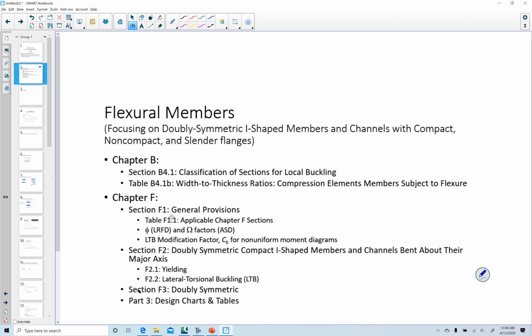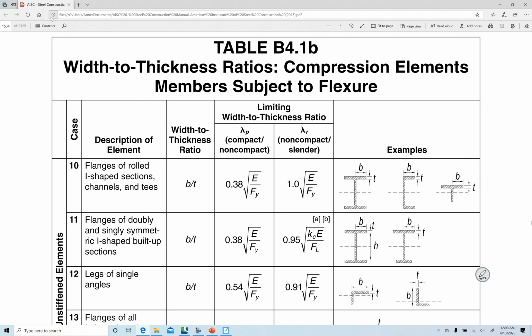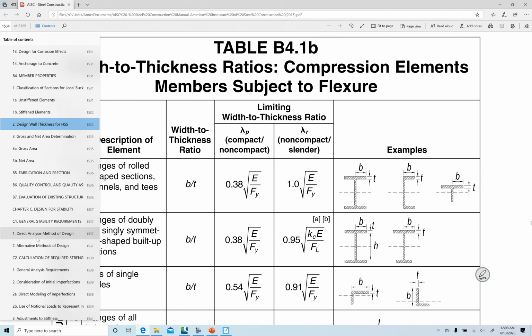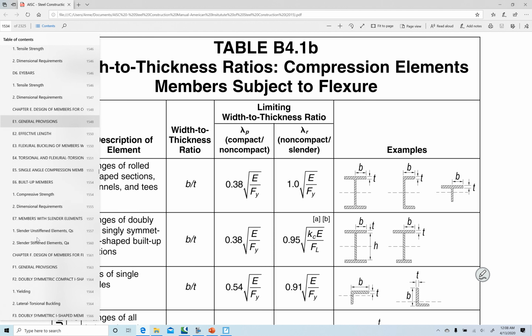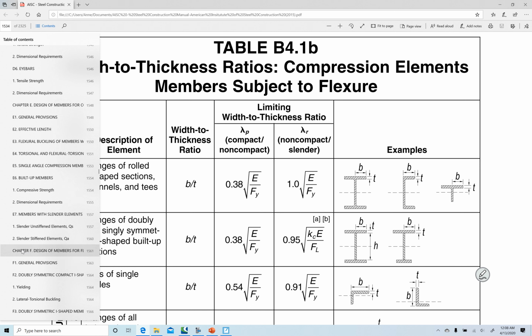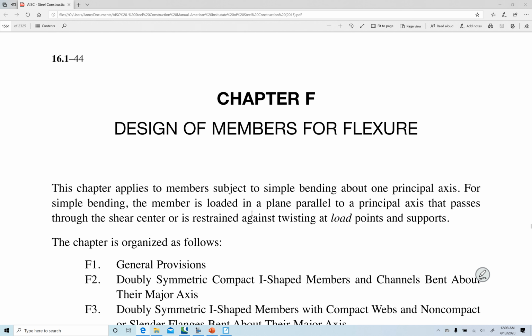Then chapter F is where we have all of our design equations for flexure. That's back in the spec.